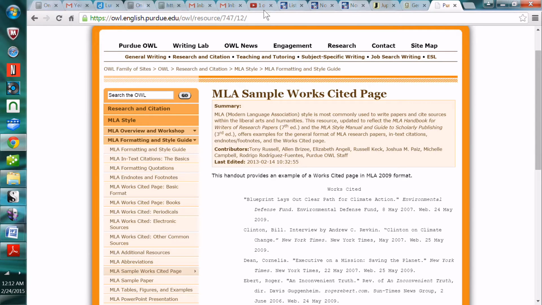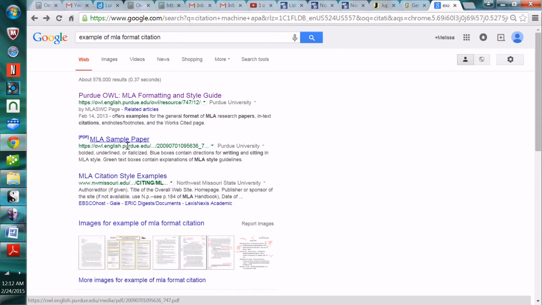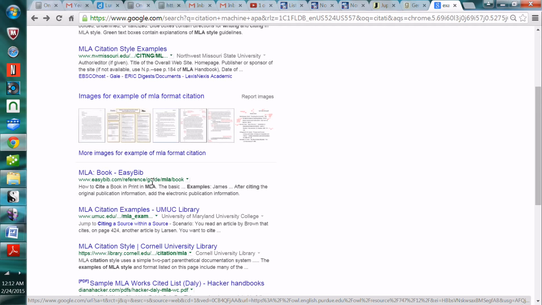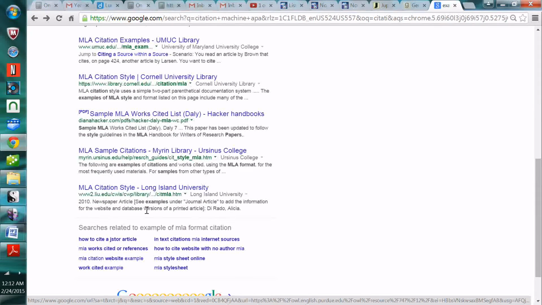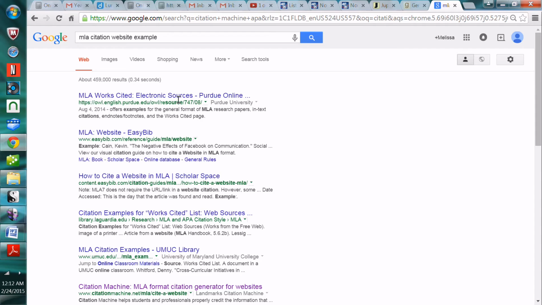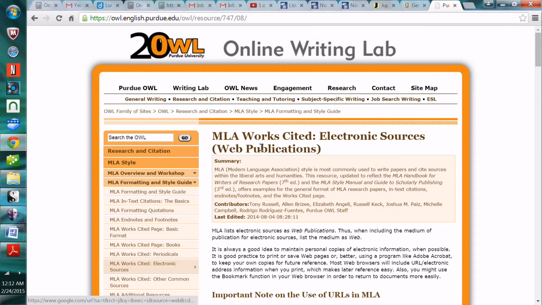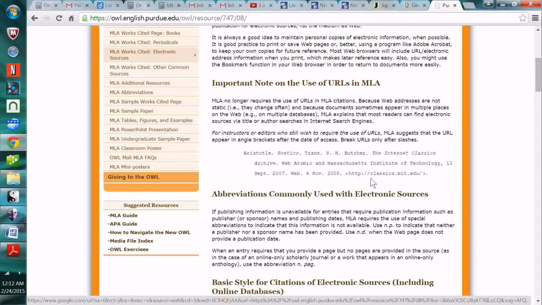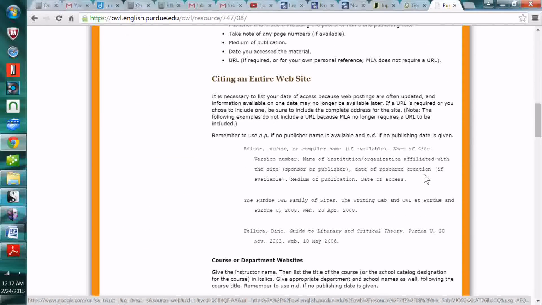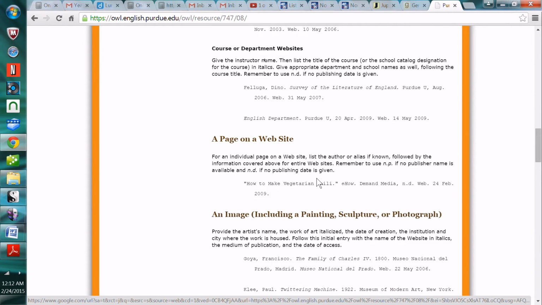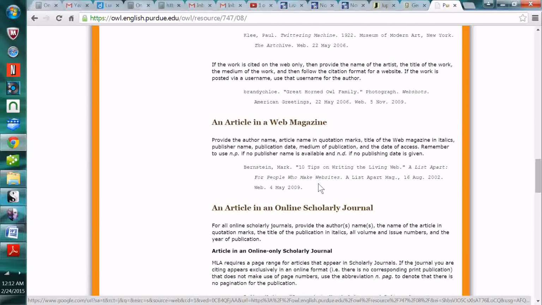Okay, let's look at a different website. Here's an electronic source. Oh, same thing. Okay, so this has those little greater than and less than signs, and that might be what is trying to show up on your citation machine page.